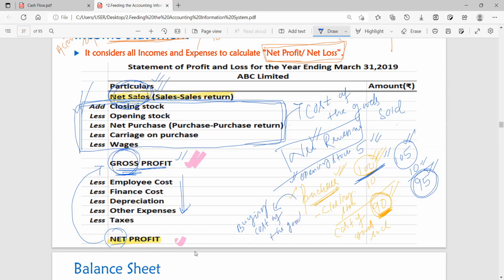But to bring the goods to our business or warehouse, we also require additional expenses in the form of loading and unloading of vehicles, and the transportation charges to take the goods from the supplier's premises to our business. Transportation charges are called carriage on purchase.